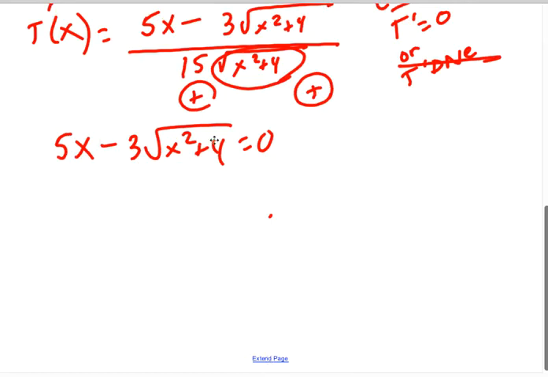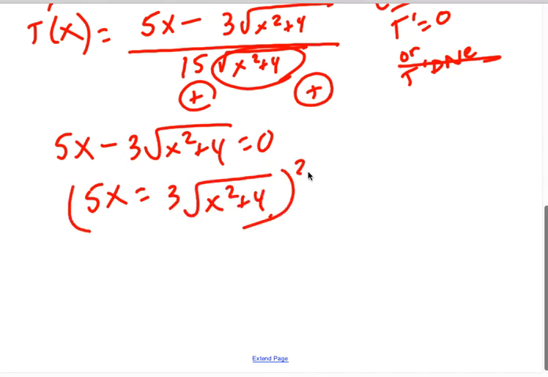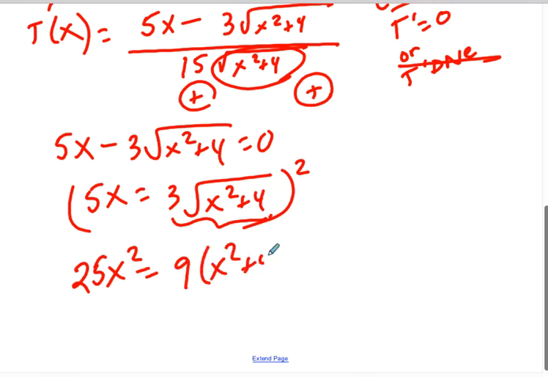Now, the best way to do this is to get everything as far away from the root as I can. So I'm going to make this 5x equals 3 root x squared plus 4, and then I'm going to square both sides, which I can do because this is all multiplication. So I get 25x squared equals, when I square the 3, I get a 9. When I square the root, the root disappears. So I get 25x squared equals 9x squared plus 36.